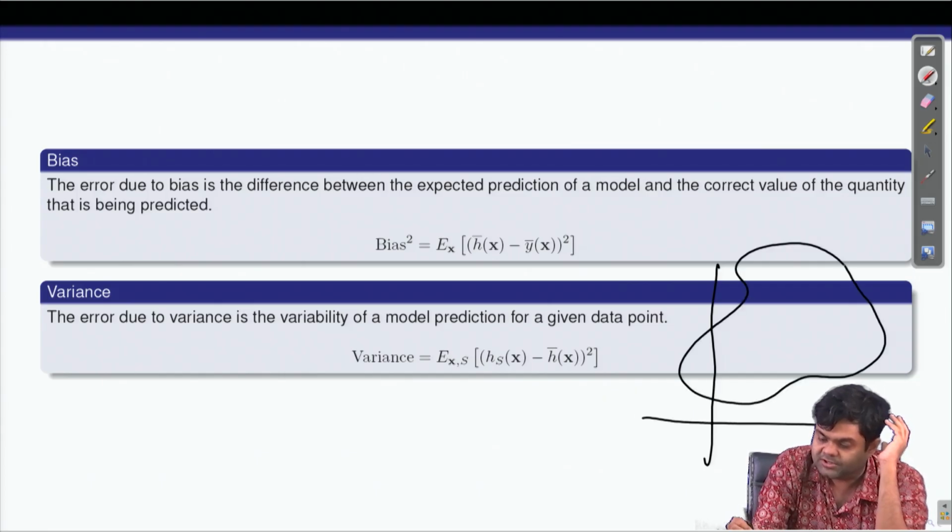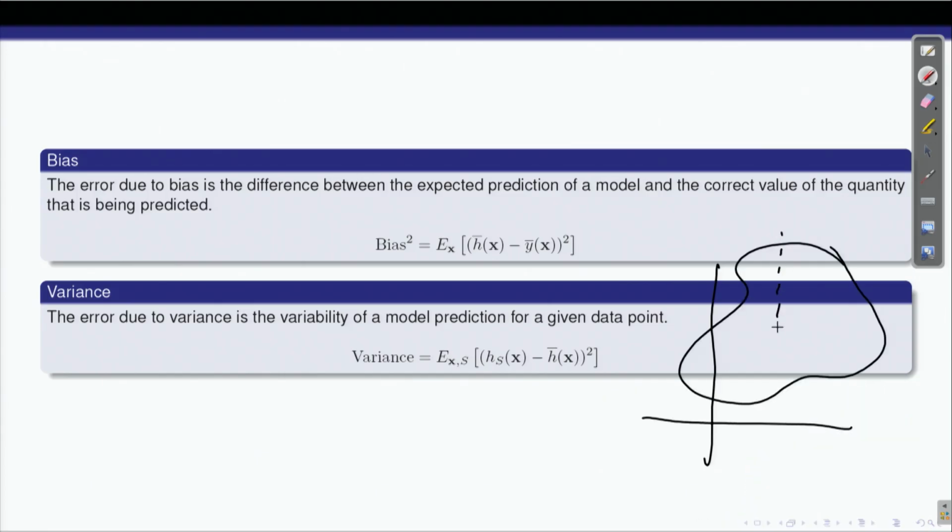I think I drew this picture, just let me draw it again. Suppose this is your distribution for various x's, these are the actual expected values of y. This is the expected value of y given x1, this is x1, expected value of y given x2, and so on. This is x2, this is x1, and suppose these are your predictions, various predictions.